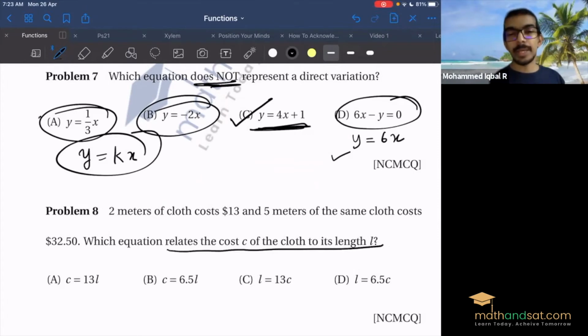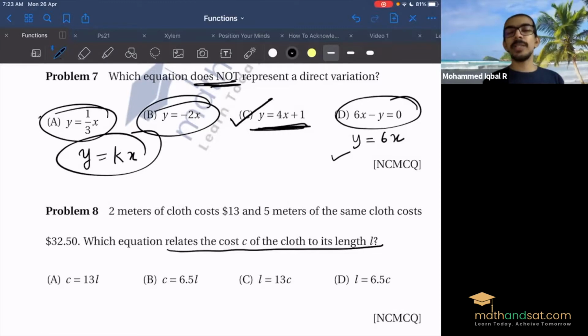Cost to the length. See, this is a very typical case of direct variation. Direct variation is when, for example, the cost of one chocolate is $2. Then the cost of 2 chocolates is $4, 3 chocolates is $6, 5 chocolates is $10, 10 chocolates is $20.